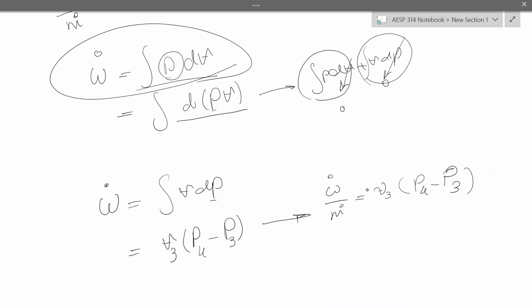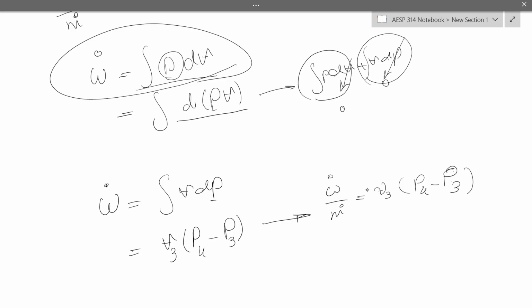Do we have the pressures? We have the pressures at points 3 and 4. What are those pressures? Do we all agree on this, or is there any opinion that differs? Do we all agree that this was given to us?